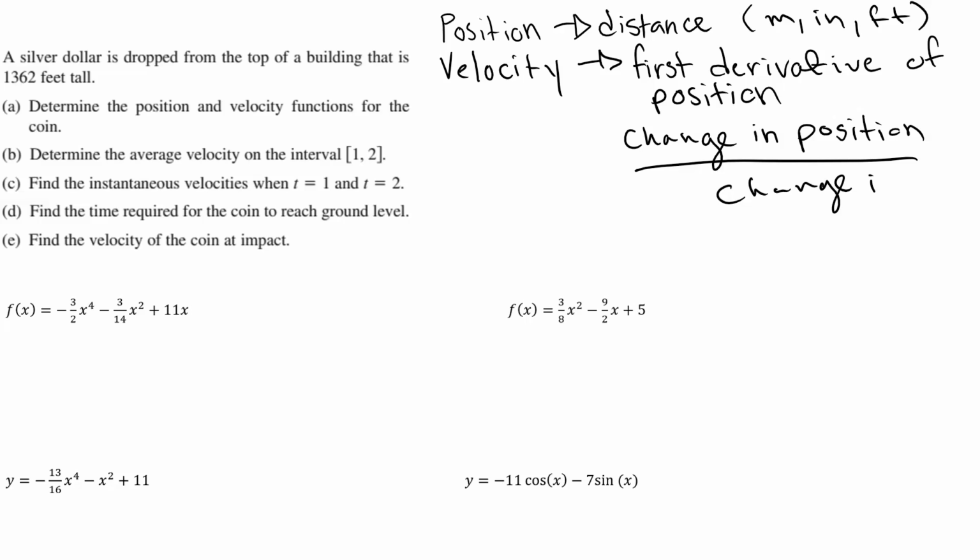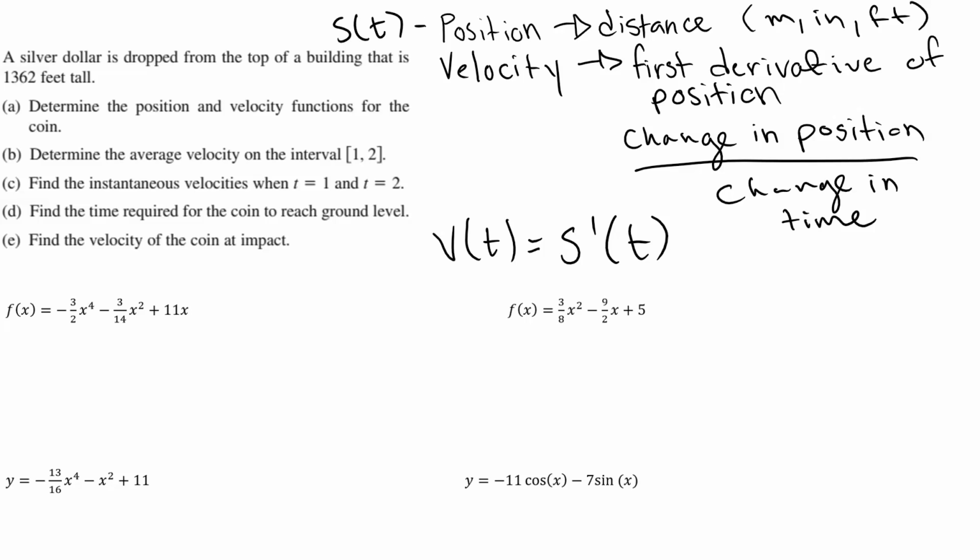So for velocity, we're going to have our velocity, v of t, is equal to the derivative of our position, s of t. All right, so s of t is going to denote position, and v of t is going to denote velocity.